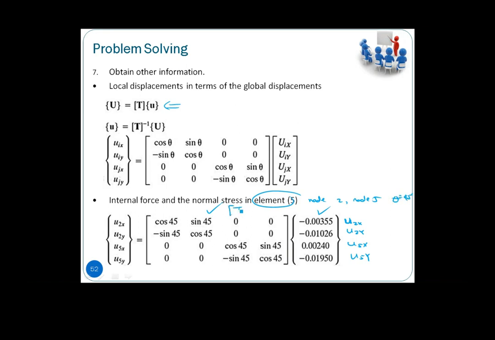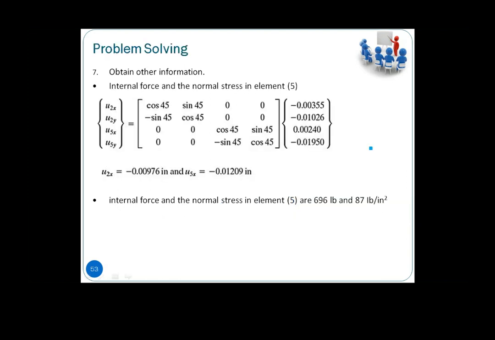This is the transpose, T, then we can find our local displacement of these two nodes, the local displacement due to that particular F, which gives us the local displacement x and y at 45 degrees. So we find U2x, U2y, U5x, U5y.